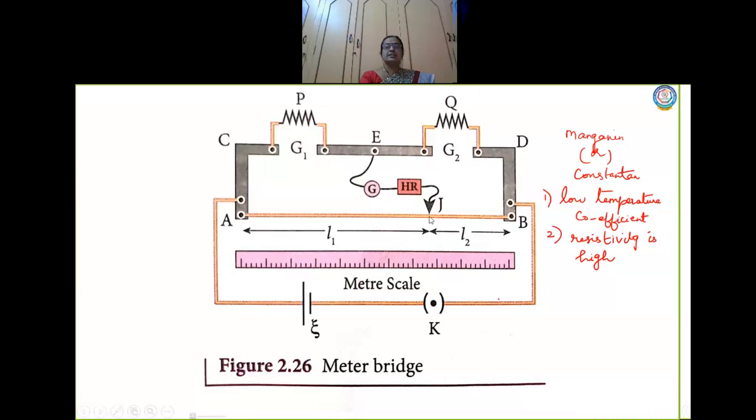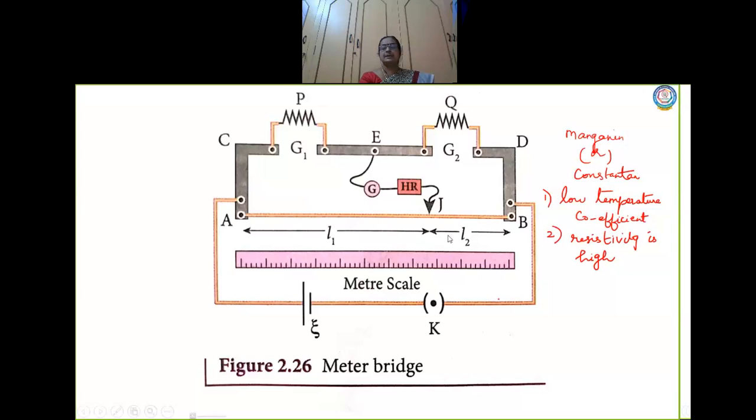Let us imagine that at this point the galvanometer shows zero deflection. Now you measure the length from A to J, which is taken as L1. So what is this L1, children? The length from A to J, that is the jockey.